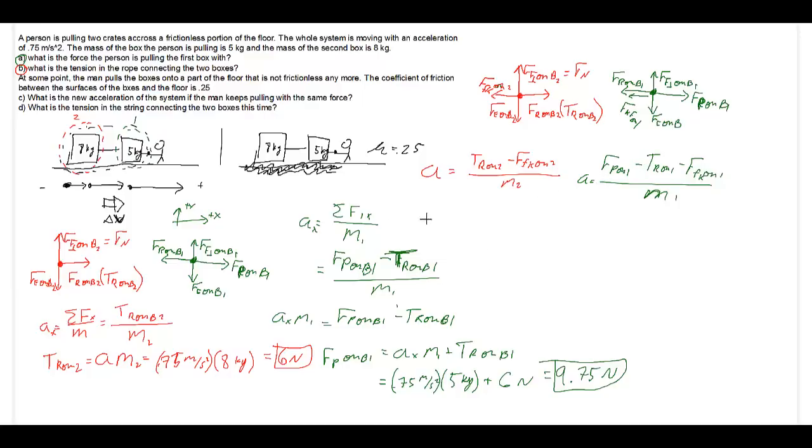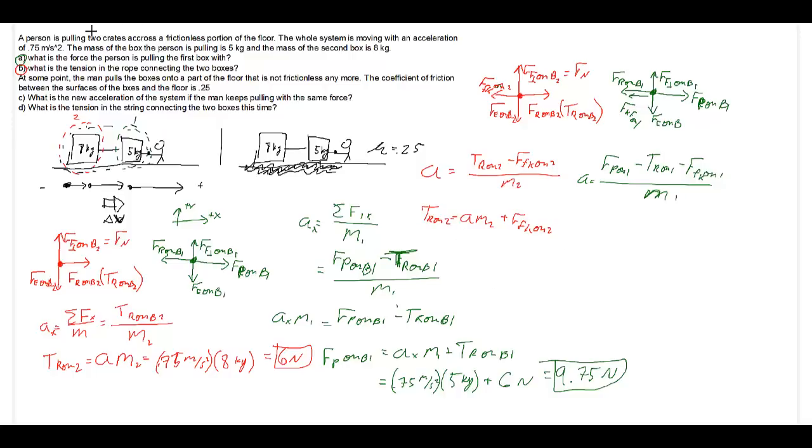So, solving for the tension in both, we get A times M2 plus the force of friction kinetic on 2, which is equal to the tension of the rope on 2.